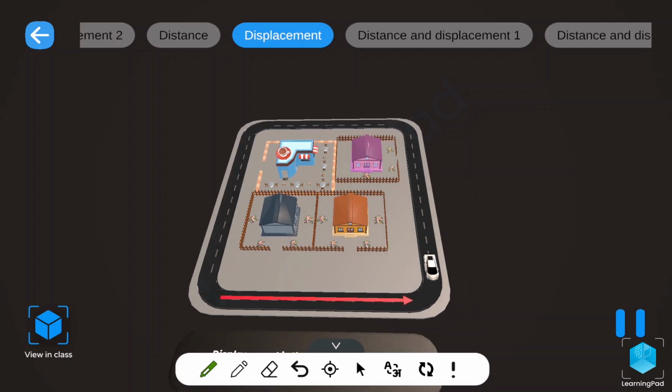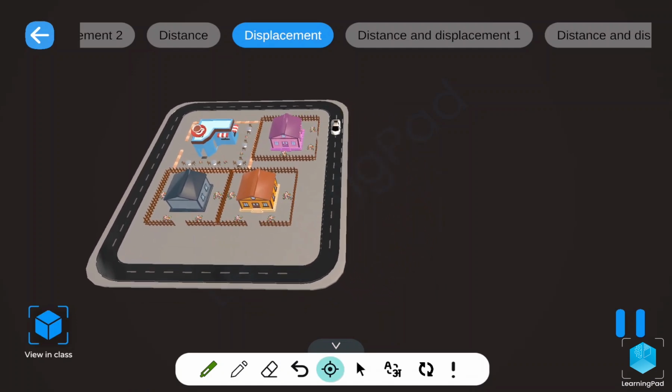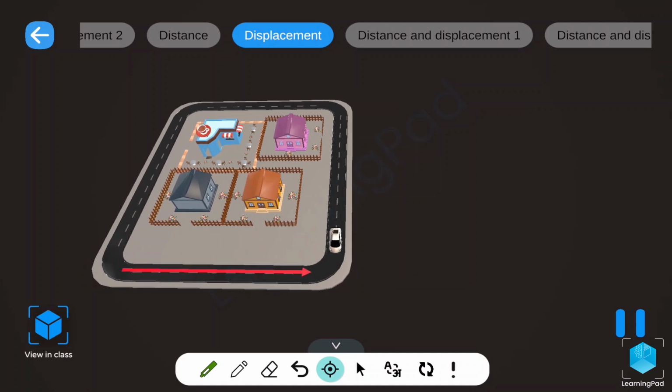Right, now the car started from here. Again, this is a similar model. The car started from here, it made an entire roundabout and it arrived at, let's say for example, this is point A and this is point B. Now in distance, we had the total length of the entire pathway covered by the object, or the car in this case. Let us play the animation.